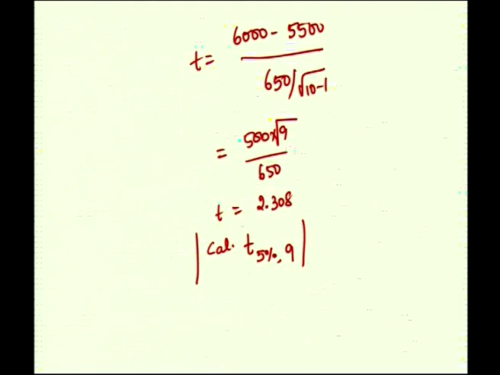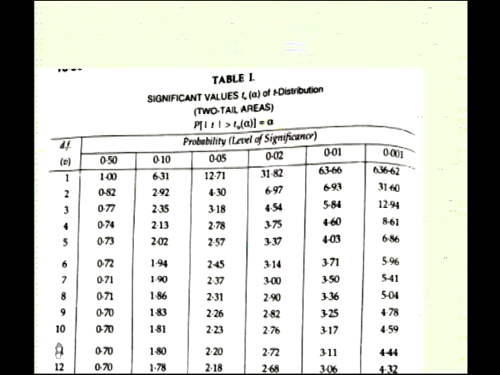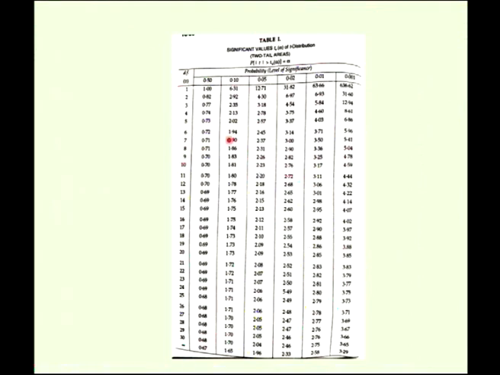So, calculated T at 5% comma 9 degrees of freedom is equal to 2.308. Then tabulated T at 5% comma 9 degrees of freedom is taken from the tables. Now, refer to the tables which you have seen in the previous slide. Degrees of freedom is 9 and the level of significance is 5%.